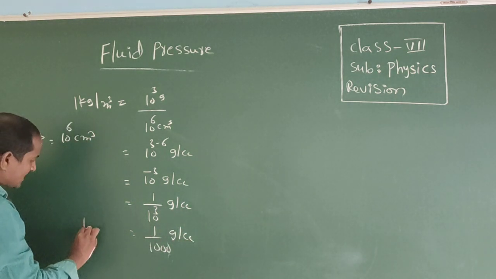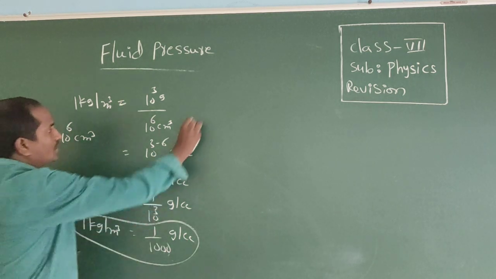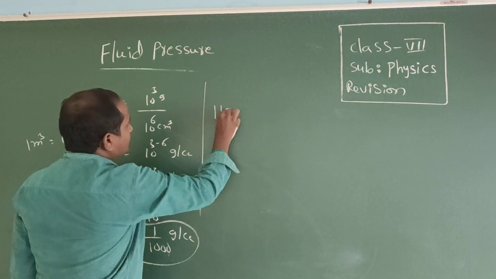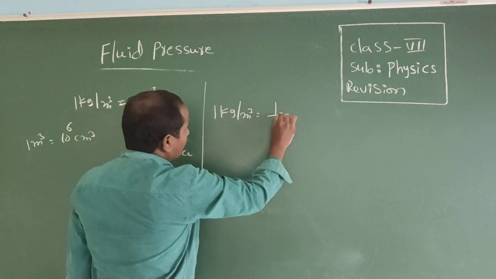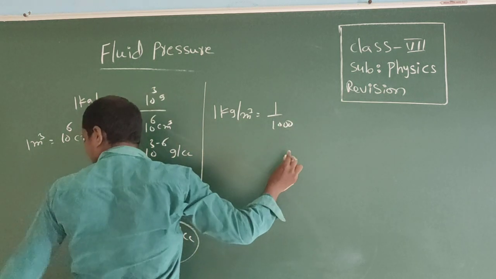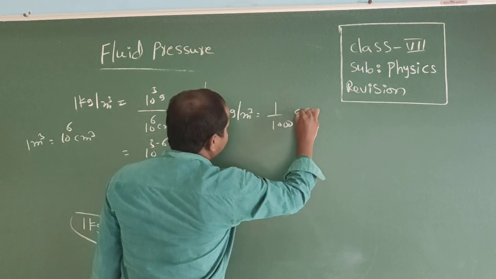So 1 kg per meter cube equals 1 by 1000 gram per cc.